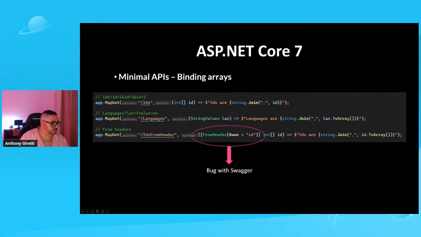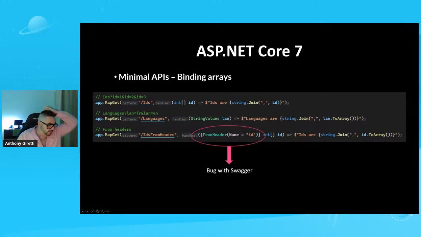So it was definitely possible in a controller, and now since ASP.NET Core 7, you can do it with minimal APIs. It's very easy. Regarding a query string, you just have to add an array of integers or whatever, depending on the type of the parameter you have, and it will map it automatically. So that's magical. You have nothing to do.